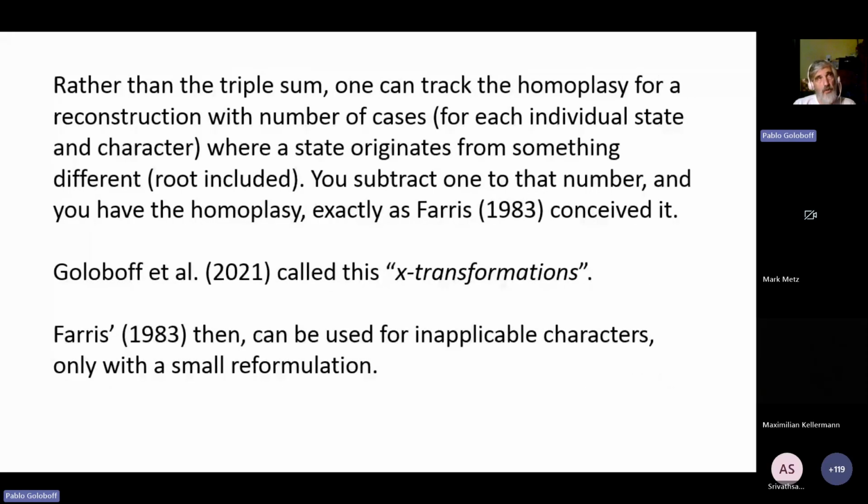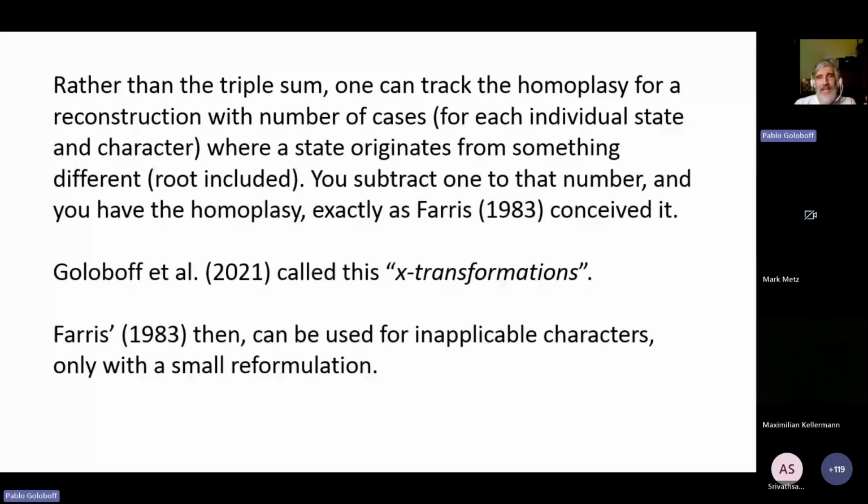Rather than the triple sum, which Delet proposed, one can track the homoplasy for a reconstruction on a tree with the number of cases for each individual state and character where a state originates from something different than that state, the root included. And then, if you have several originations, you subtract 1 from that number and you have the homoplasy, which is exactly what Farris was proposing homoplasy is in 1983.